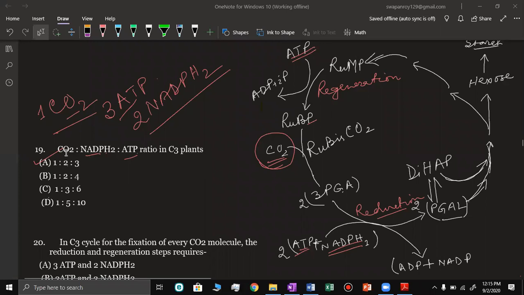So for one molecule of carbon dioxide, 2 NADPH2 and 3 ATP are required.